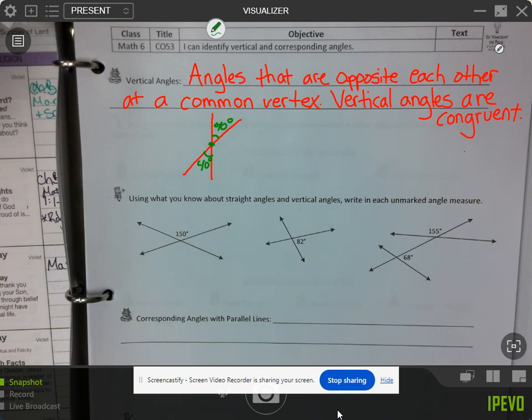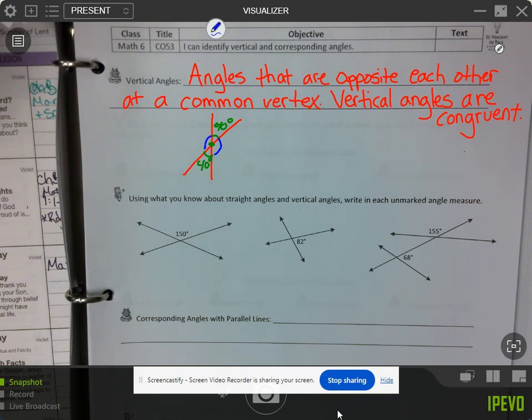So if they are opposite from each other and they are vertical angles, they are going to be the exact same measurement. So that means that this angle is a vertical angle to this angle. What would this measurement have to be? If this is 40 degrees, not 60, we don't want 100.